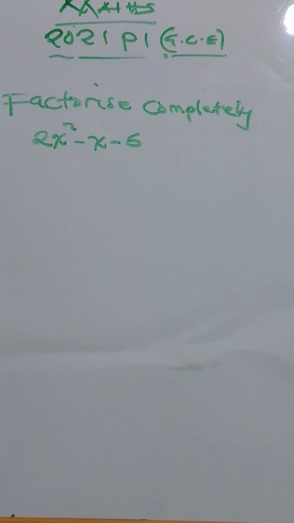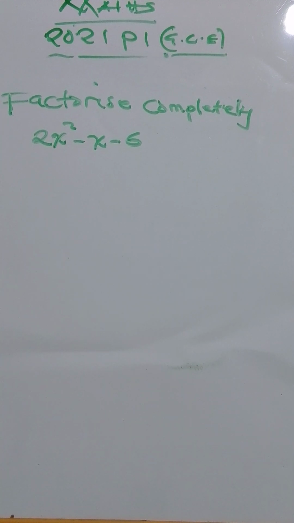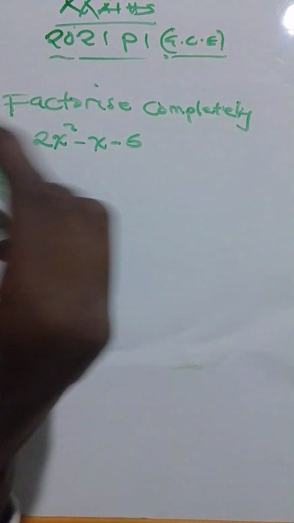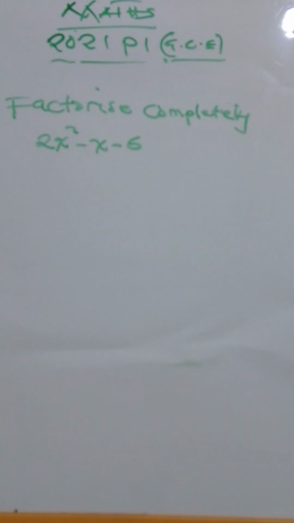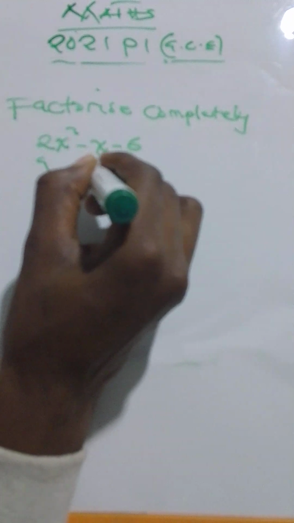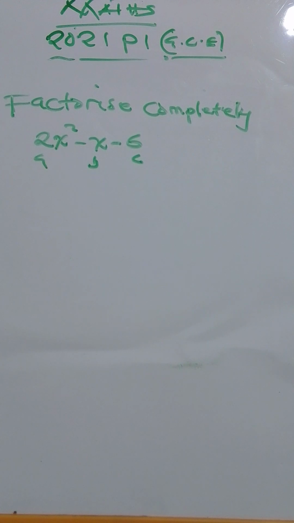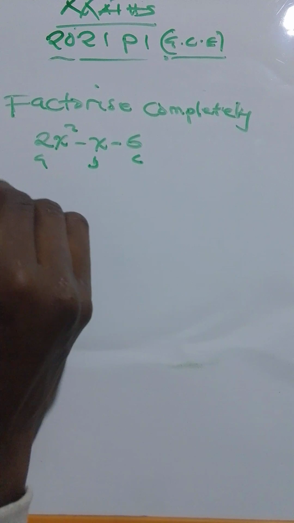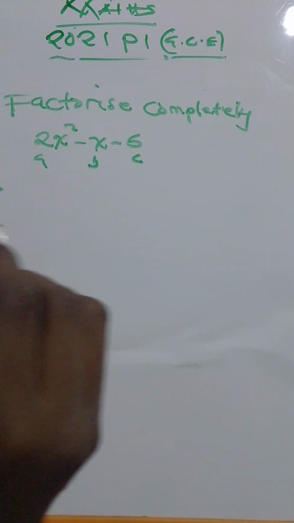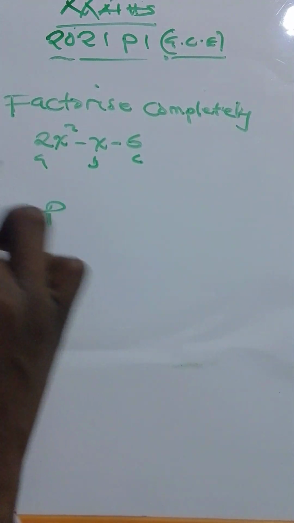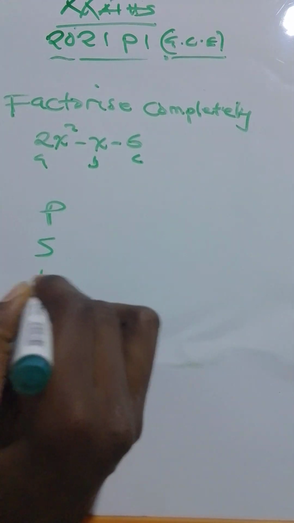So this type of question under factorization, we need to understand that we can use the factorization method to find the answer. So to factorize completely, we have the quadratic equation. Therefore, we know that this is A, this is B, this is C. So these are constant numbers. For us to factorize, the first thing to understand is we need to look for the product, then sum, and factors.